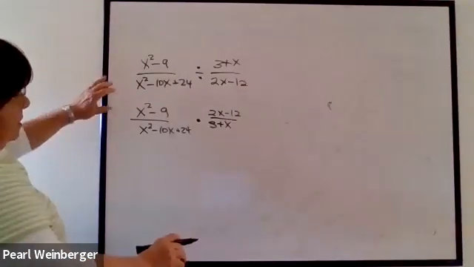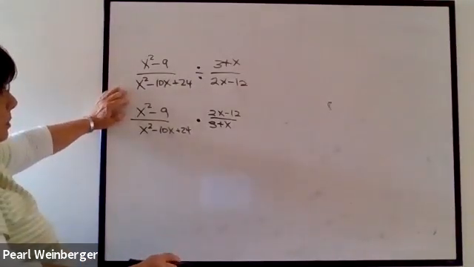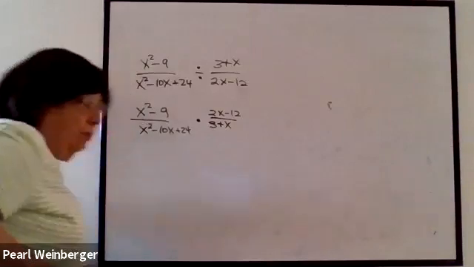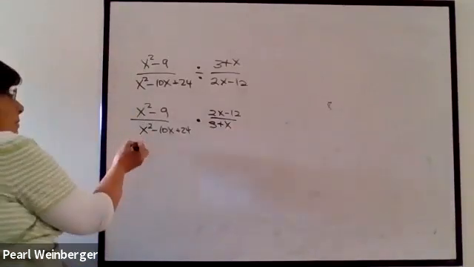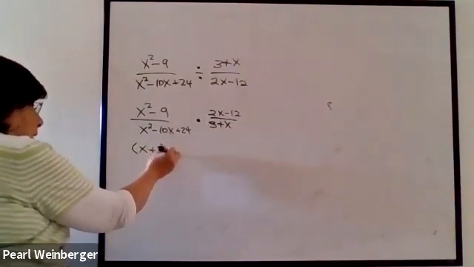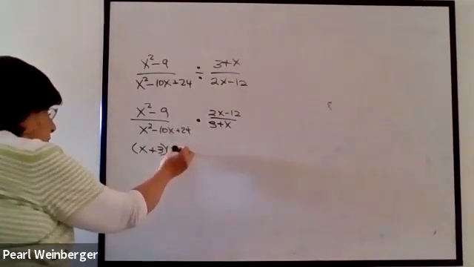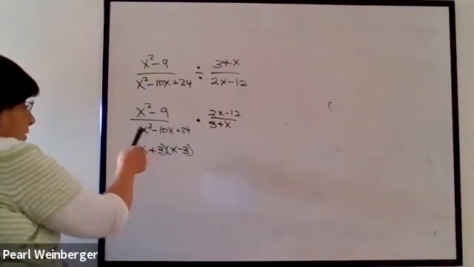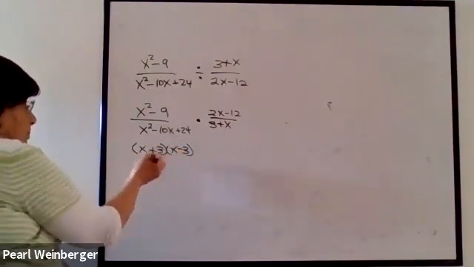Okay, now the next thing I have to do is try and factor everything so I can see what I can cancel out. So the x squared minus 9 factors to x plus 3 and x minus 3. It's a difference of squares. Okay, I'm going to go over here to do the x squared minus 10x plus 24.